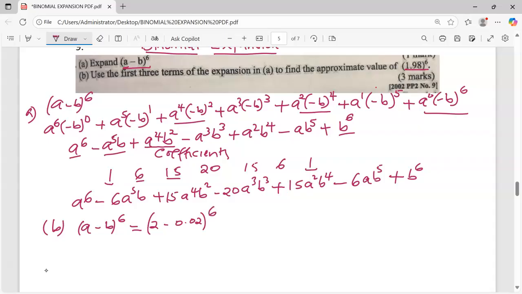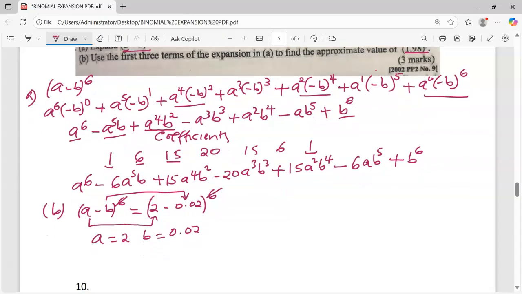Since 2 minus 0.02 will give us 1.98, we are going to cancel the powers of 6. Then we equate the corresponding components such that a will be equal to 2, and of course if negative b is equal to negative 0.02, then b will be 0.02. And once we have gotten the values of a and b, we now substitute them above and get the answer.